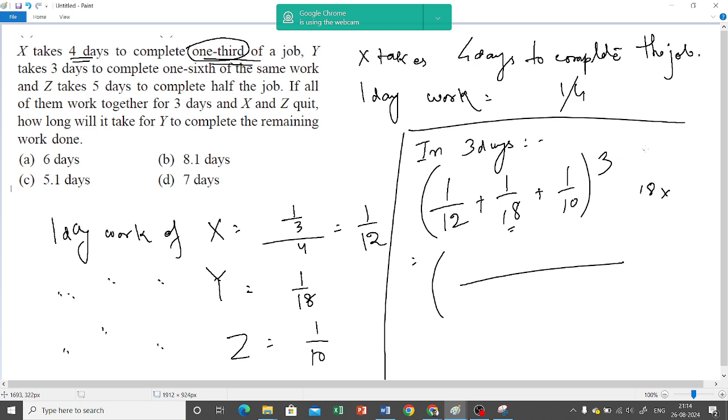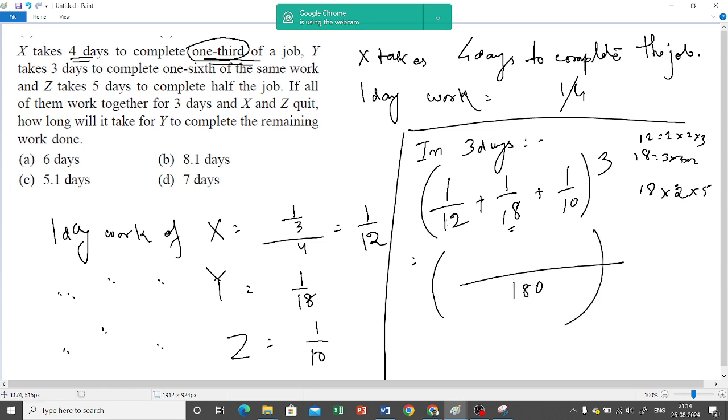In 12 we have 3 into 2 into 2, so one more 2 I need. And 10 is 5 into 2, so I need a 5.